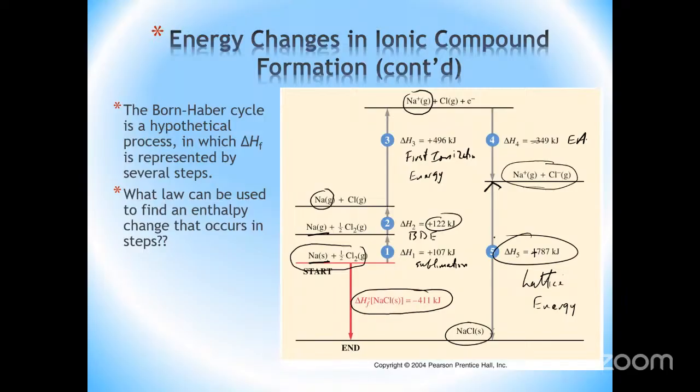All right, so basically, what you're going to find is that, if you start here and you stop here, right? The energy change that would take place as you go from here to here would be the same as the energy change as you go from here to here, all right?